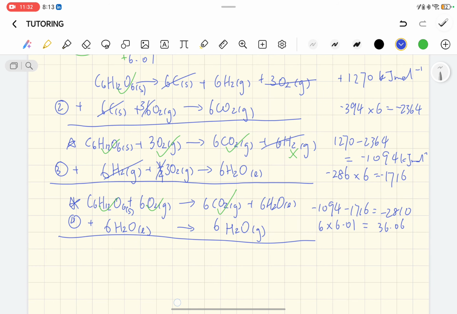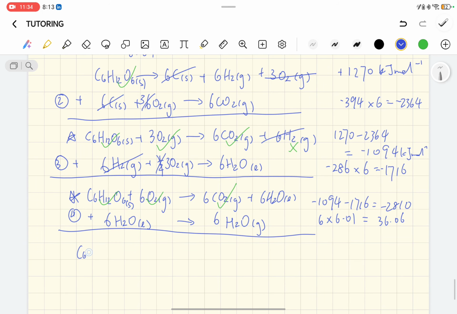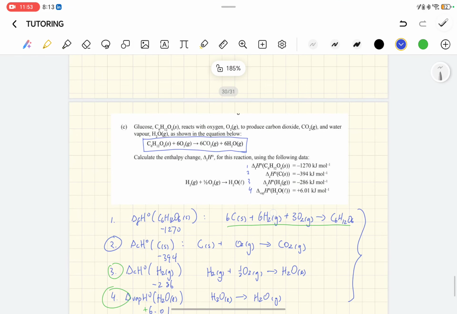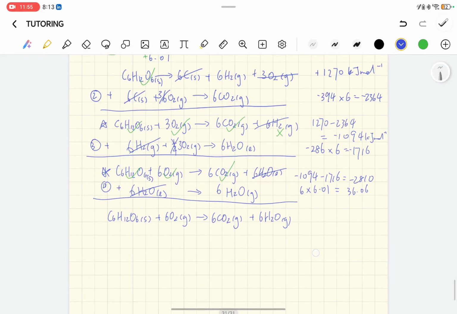This comes down to C6H12O6 solid plus 6O2 gas. These two cancel out. Goes to 6CO2 gas plus 6H2O gas. Now, does this match everything up here? Yes, it does.